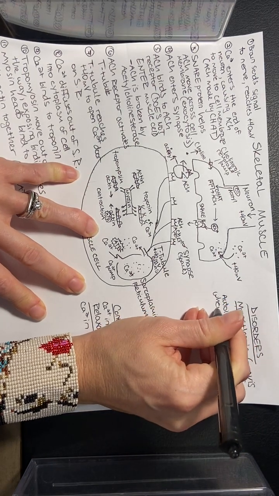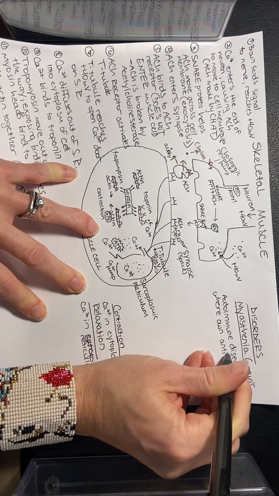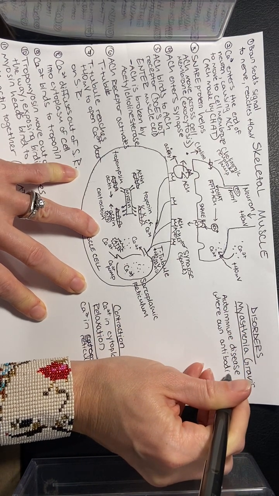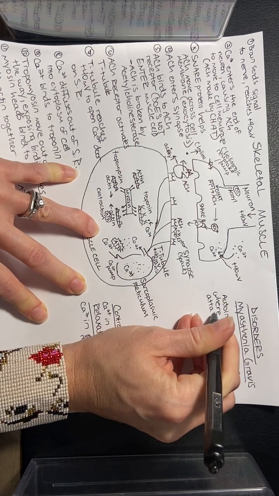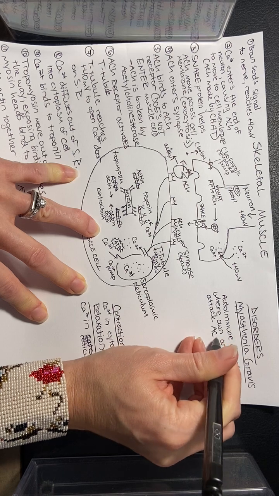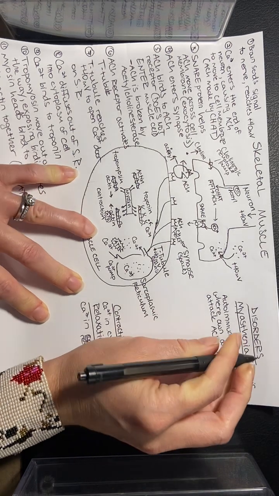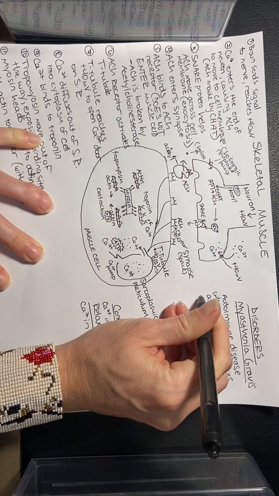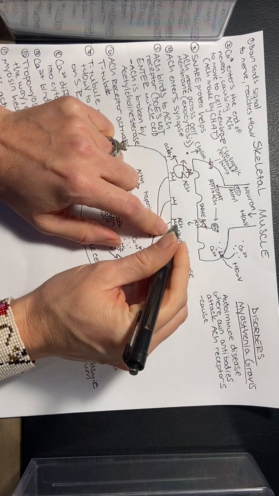Autoimmune disease where the patient's own antibodies, which are made by their immune cells, attack the acetylcholine receptors on their muscle cells, okay? And this is going to cause, as you can imagine, think about it.